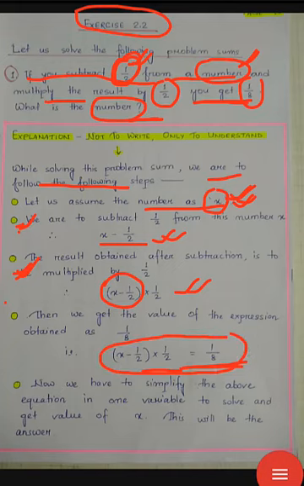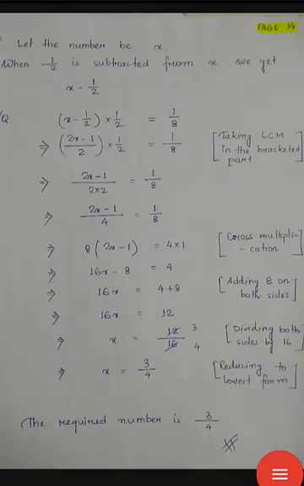We have to simplify this equation in one variable to get the value of x. So this will be the required answer. Now how to proceed with the solution part? Let's check. In the solution part, first of all we shall consider the number as x. As mentioned in the question, when half is subtracted from x, we get x minus 1 by 2.